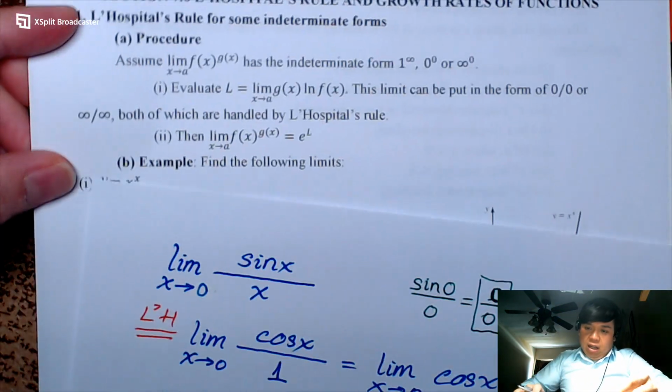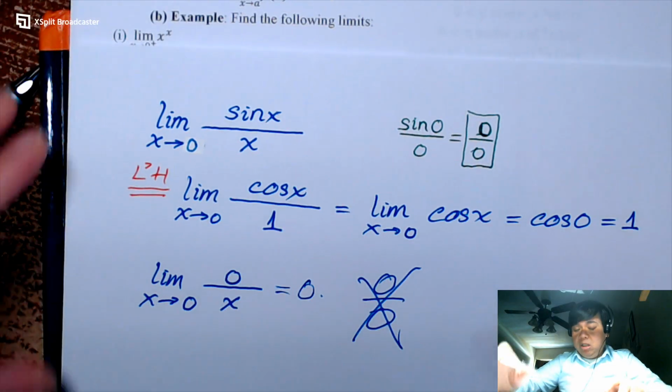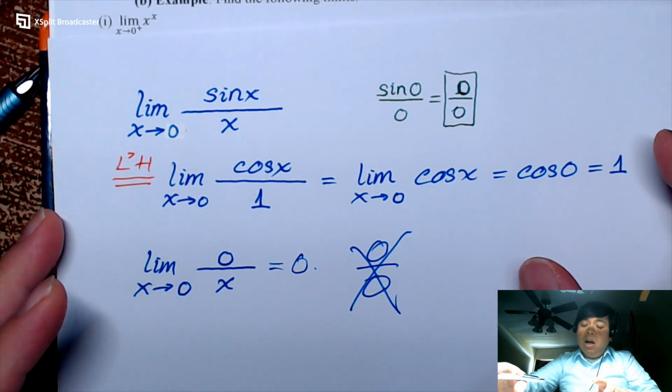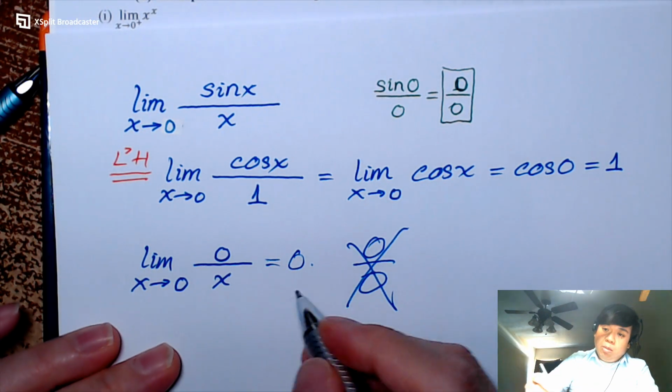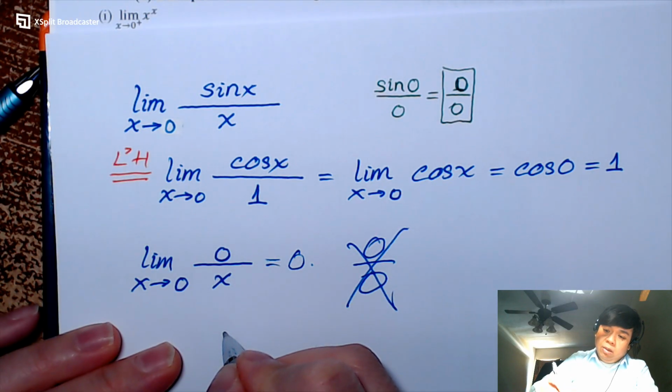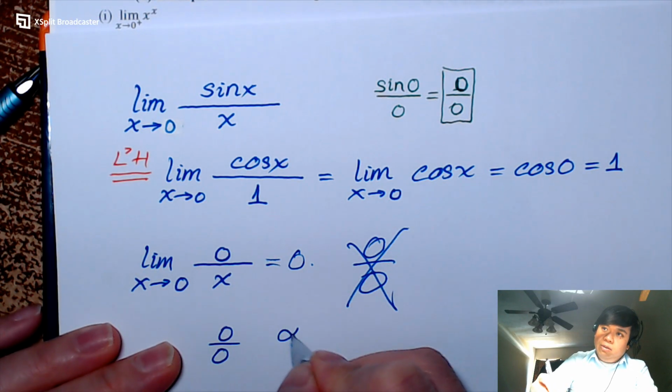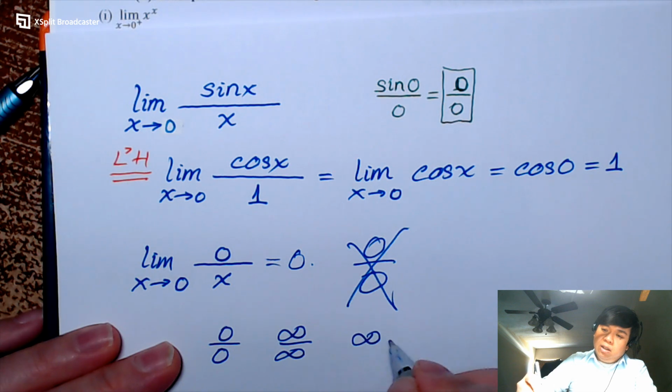Now let me just backtrack a bit. What we have in case 1 is the indeterminate forms of 0 over 0, infinity over infinity, infinity minus infinity.